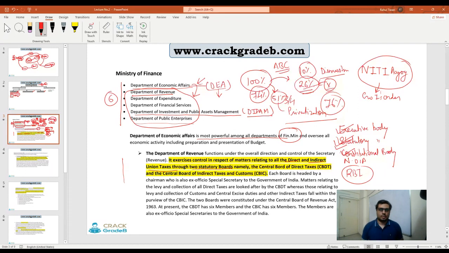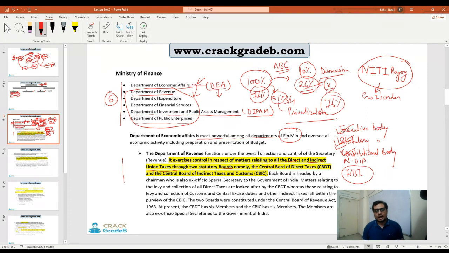Now come to the statutory body. How can a statutory body be formed? Suppose the Prime Minister feels that Niti Aayog should have better power and can effectively use those powers. People can say that they still have a lot of power, but the organization and the people in it can be removed with just an order of the government.